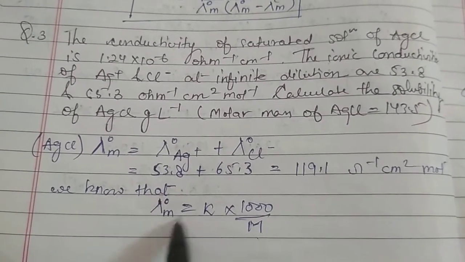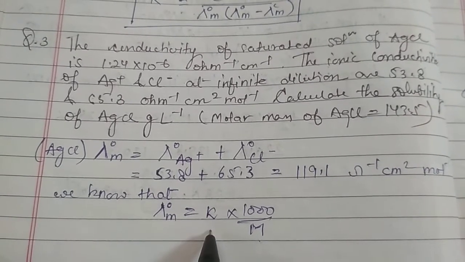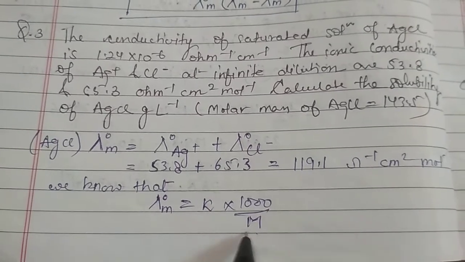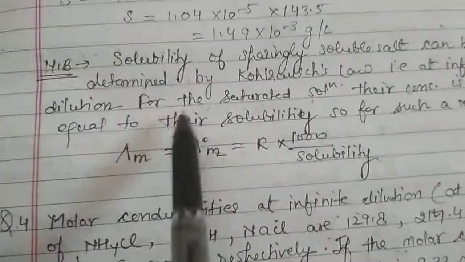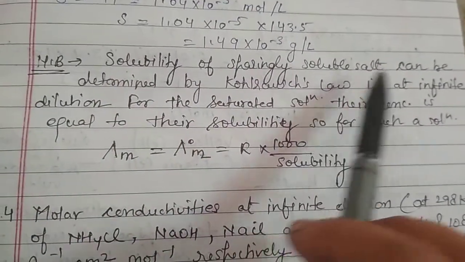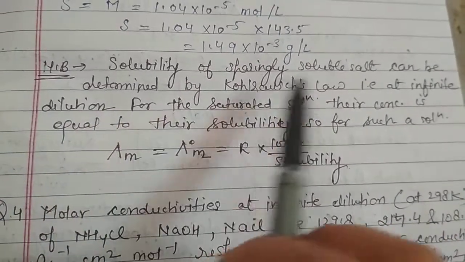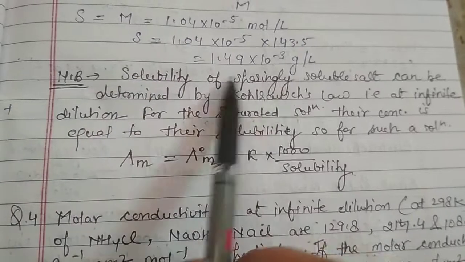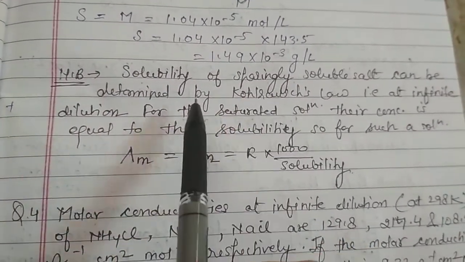We have written the molar conductivity at infinite dilution equal to specific conductivity × 1000 upon M, or we may write it as the solubility also. Why is it so? As the solubility of a sparingly soluble salt can be determined by the Kohlrausch law. That is also one of the applications, that by the Kohlrausch law we can calculate the solubility of a sparingly soluble salt like AgCl, BaCl2, etc.